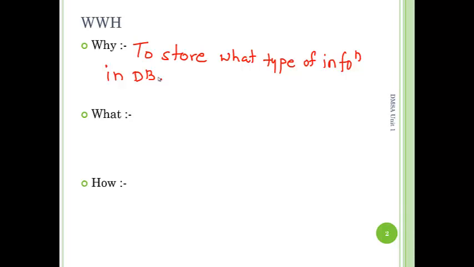Now next, the what: to store different types of information into a database, what exactly is required. In the last slide on abstraction in the database, we learned the levels of abstraction: physical level, logical level and view level.